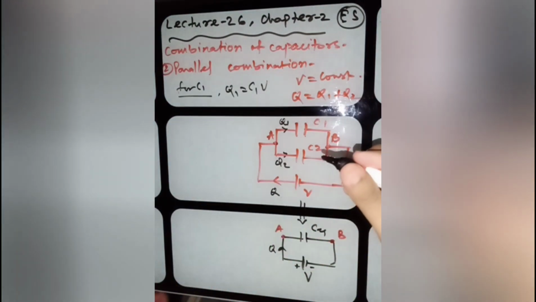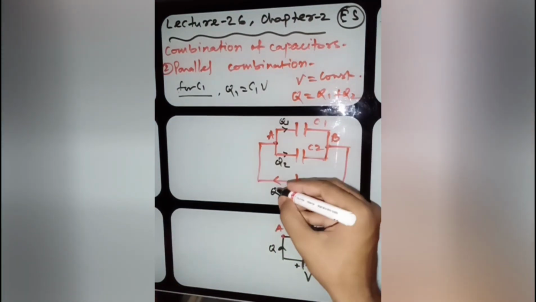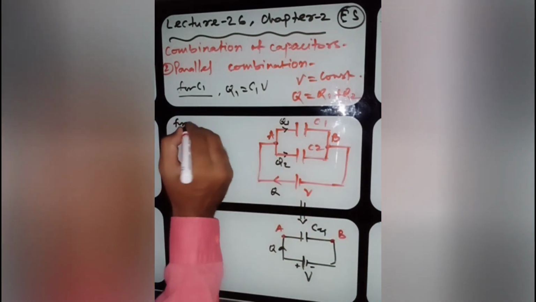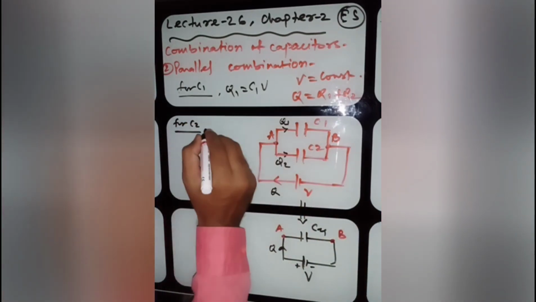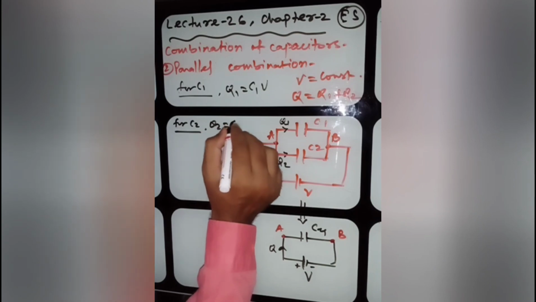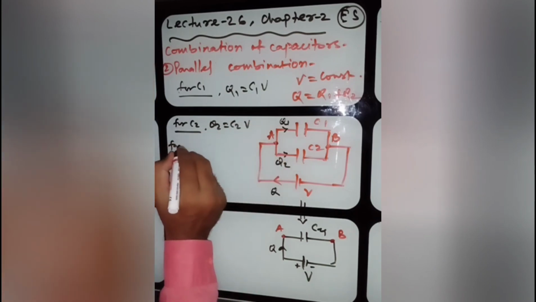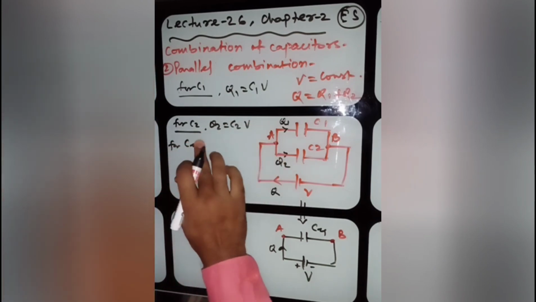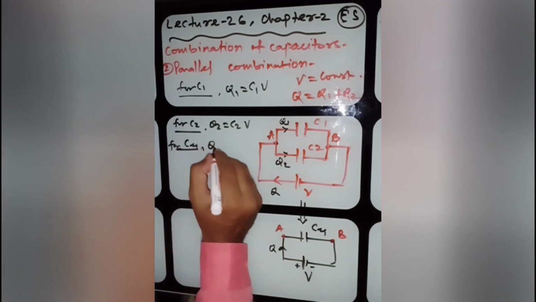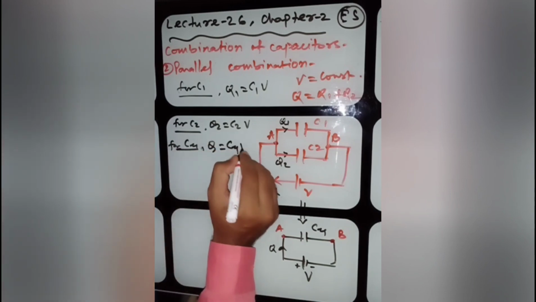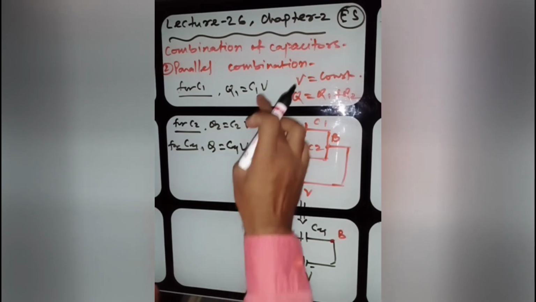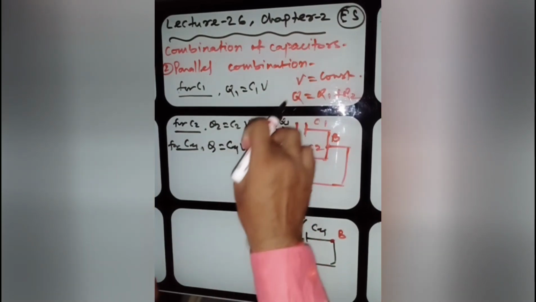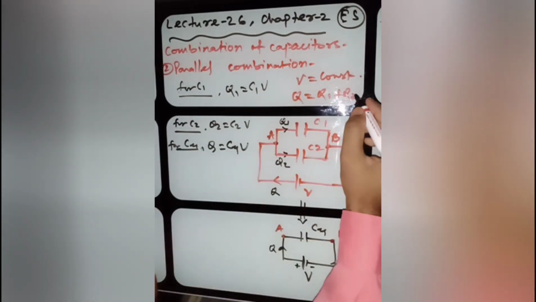Now for C1, Q1 equals C1V. For C2 we can write Q2 equals C2V, and for C equivalent we can write Q equals C equivalent into V. Now we put these three equations in this one.